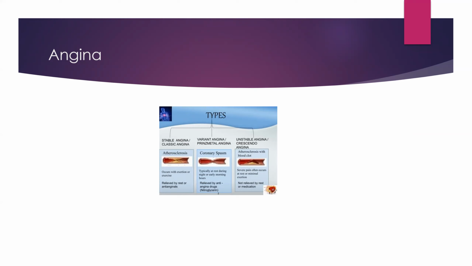Things that we can do for treatment is we can teach lifestyle changes. We can teach them and assist them with medications that manage their risk factors like statins and antihypertensives. Anti-anginal medications like nitroglycerin is one that will open up our coronary arteries, decrease our preload, and help to relax that coronary vessel.